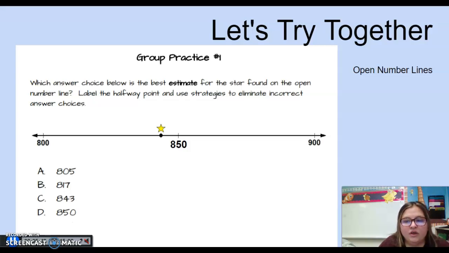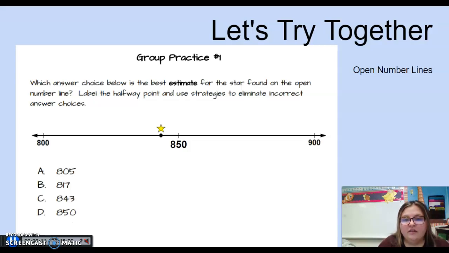Okay, so if we look at our number line, it starts off with 800. So go ahead and write that on your paper. And it ends at 900. So we know that any of the numbers on this number line have to be greater than 800, but less than 900.